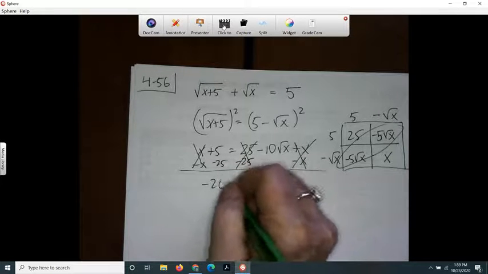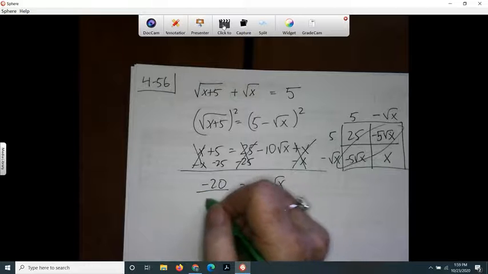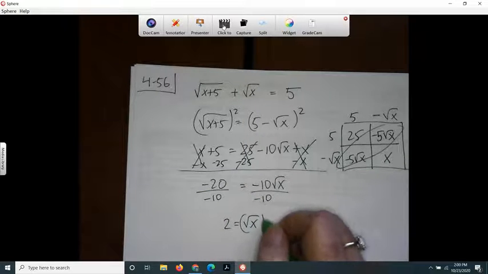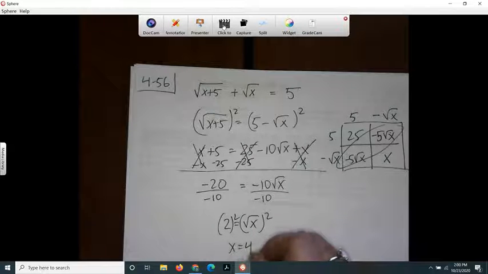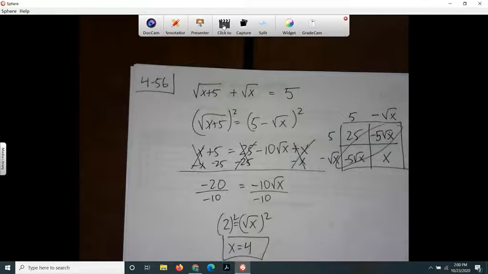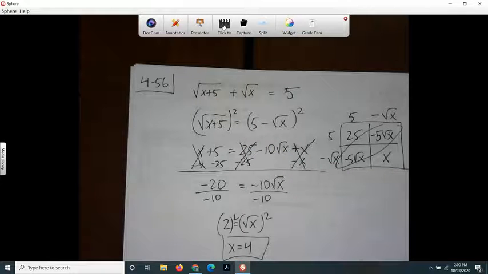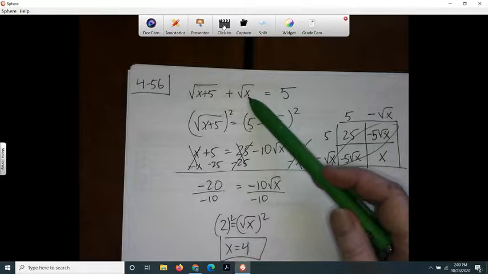And I can divide both sides by negative 10. And if I want to check my 4, I can check it, and 4 plus 5 is 9, square root of 9 is 3, and then square root of 4, that's 2. 3 plus 2 is 5, so I know it works.